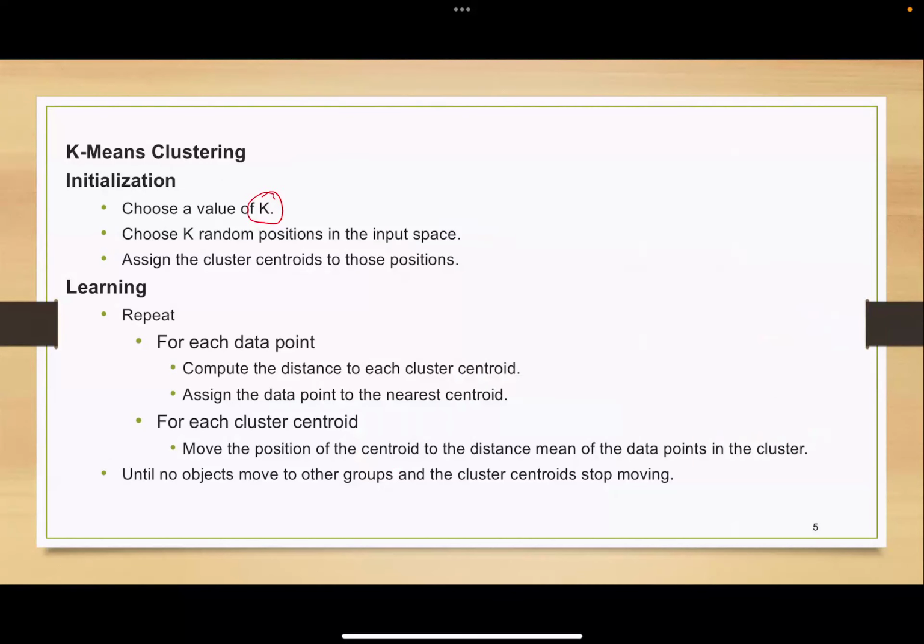Usually we choose a random position for the centroids of these groups, and with these random positions, we assign the cluster centroids.